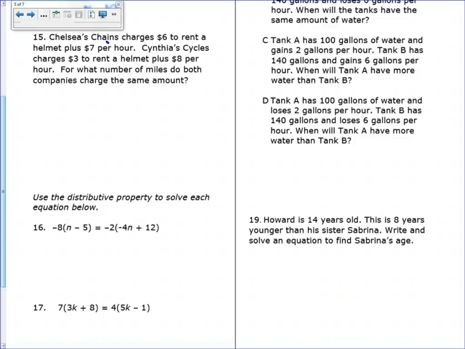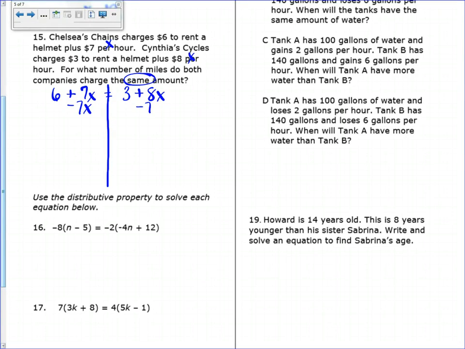So $7 per hour, that's going to be my x, and $8 per hour. So Chelsea is $6 plus 7x. Cynthia is $3 plus 8x. And we want them to be the same, so we set them equal to each other.